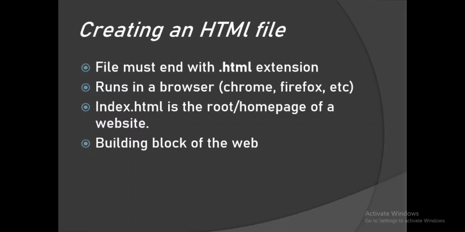If it's a PowerPoint slide, it must end with a .pptx extension. So the extension tells our browser that this is an HTML file, and if you're going to be running a Python file, then you have to end with a .py. If it's a JavaScript file, it's going to be a .js.